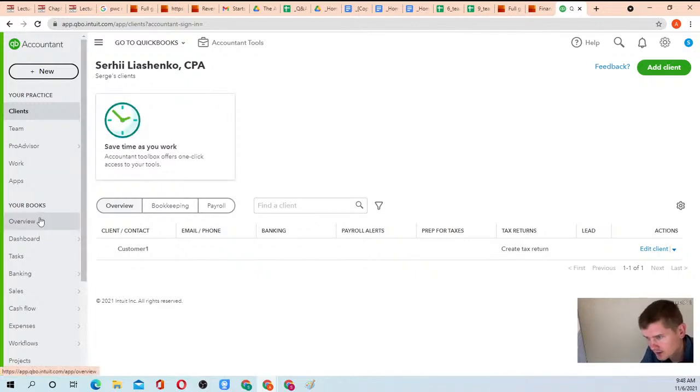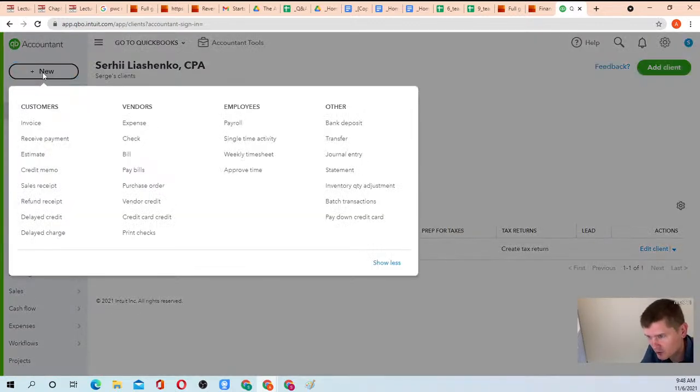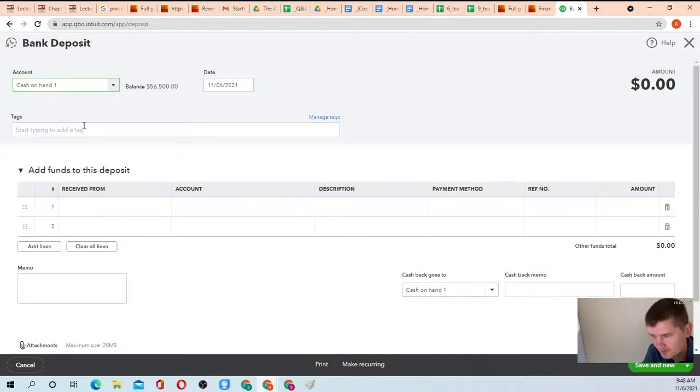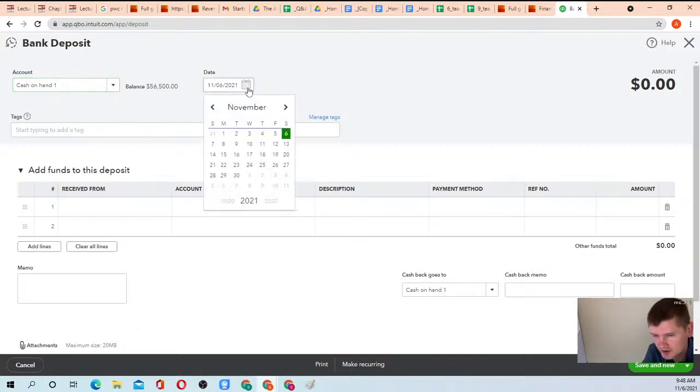Okay, to make a posting, you click new and you click bank deposit, and that will be your amount received from basically anyone, but please make sure that your transactions with customers and vendors go through the invoice and bill options, not through the bank deposit.